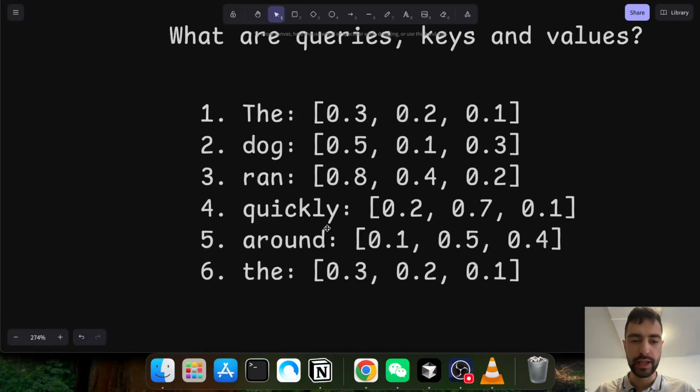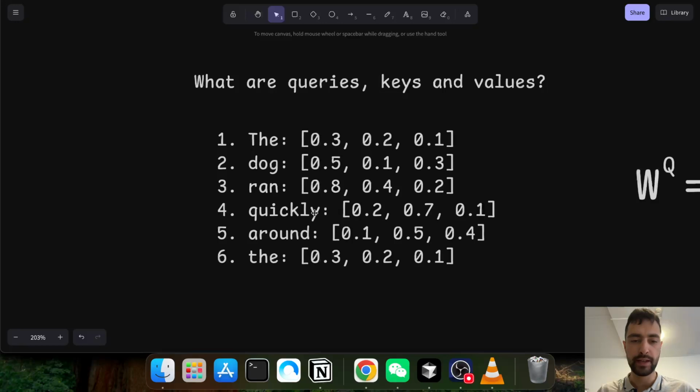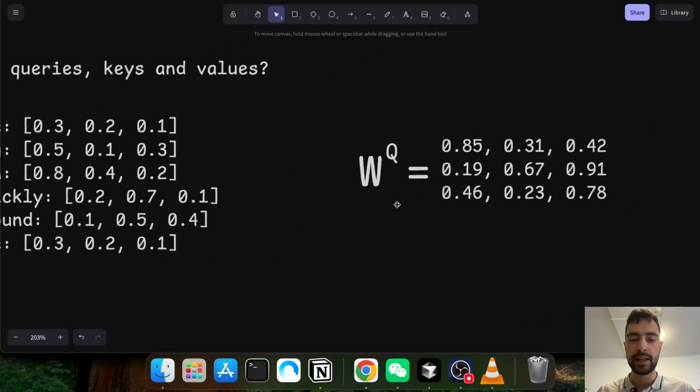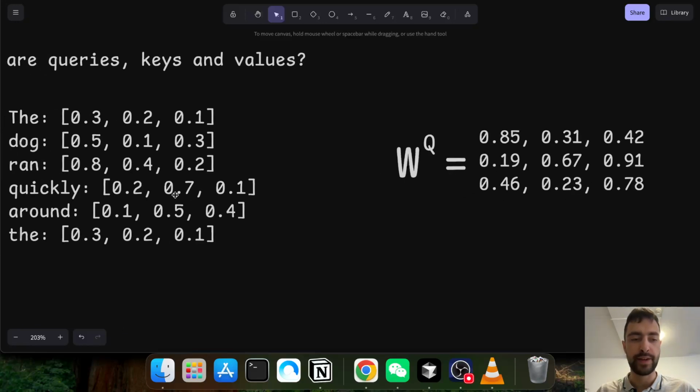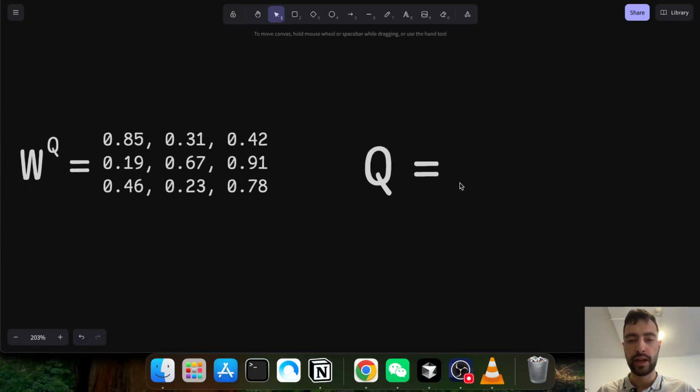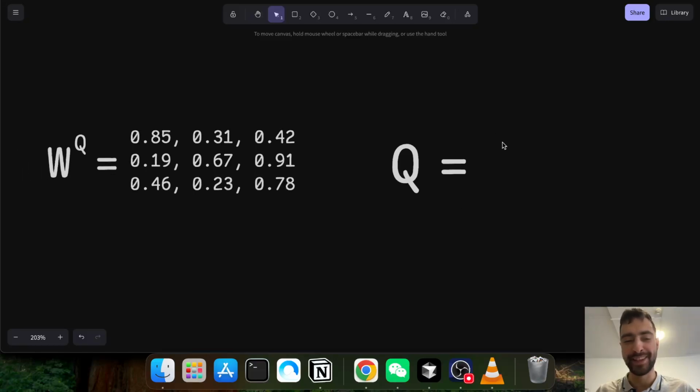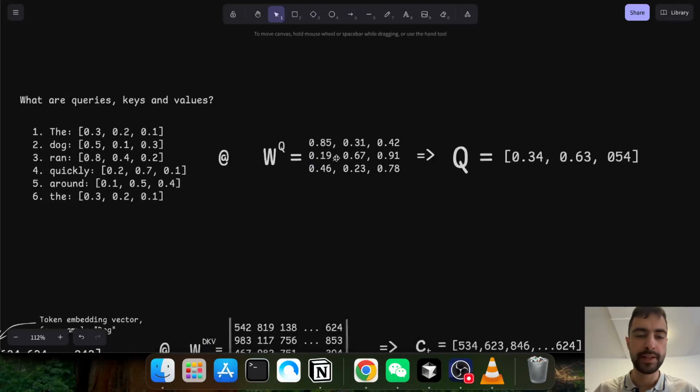So how do we create a query vector? We have this vector embedding, and the model learns this matrix, and this matrix will convert this vector into a vector that I didn't write here. This is what it will look like.